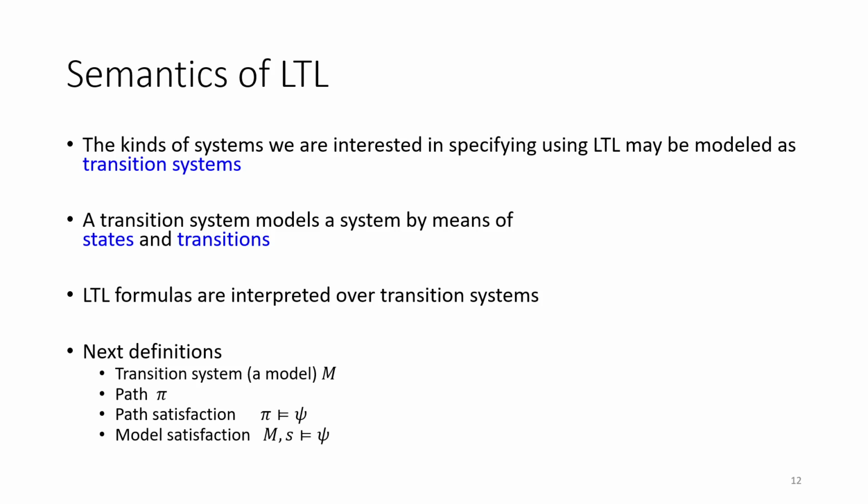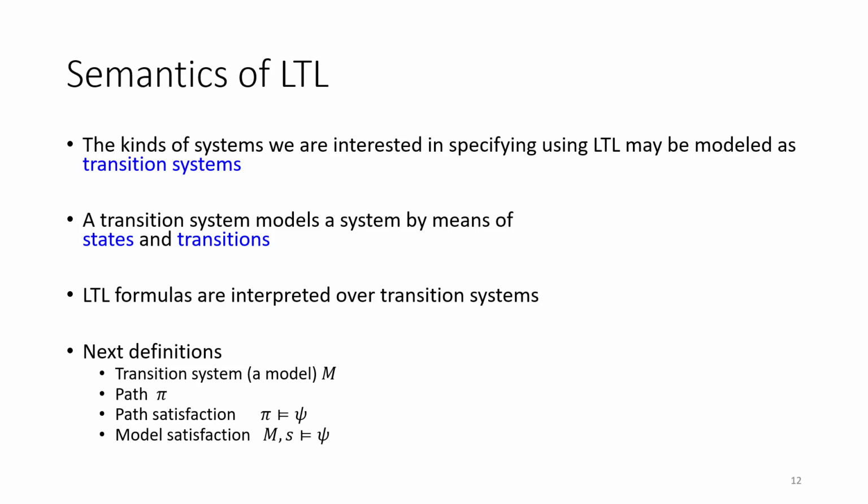And then there are transitions that say which states we can move to from which other states. So for example, in the vending machine, if we have no coin inserted, then we can maybe move to the state with one coin inserted, but we cannot directly move to the state with two coins inserted. So these would be the restrictions on transitions and states.